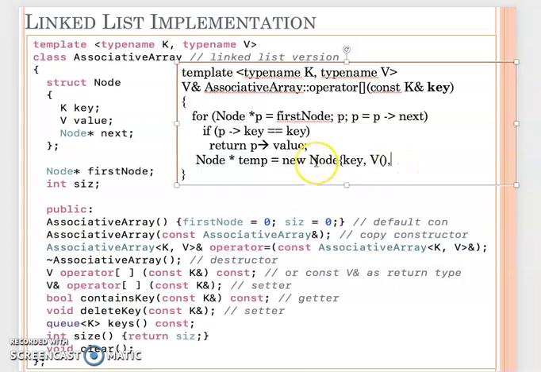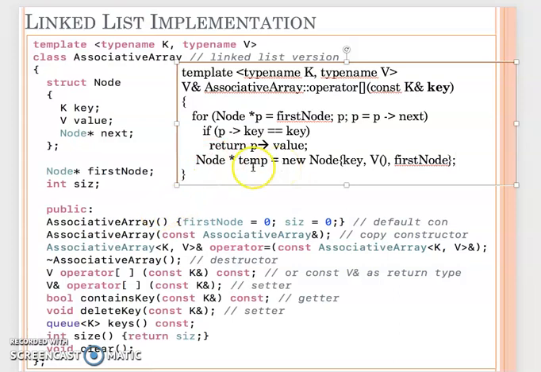Because I'm using the initializer, we need to specify everything. Then what will the node next be? Remember, since we're using the first node only, the next of this new node will be the first node. So this one is our temp node.